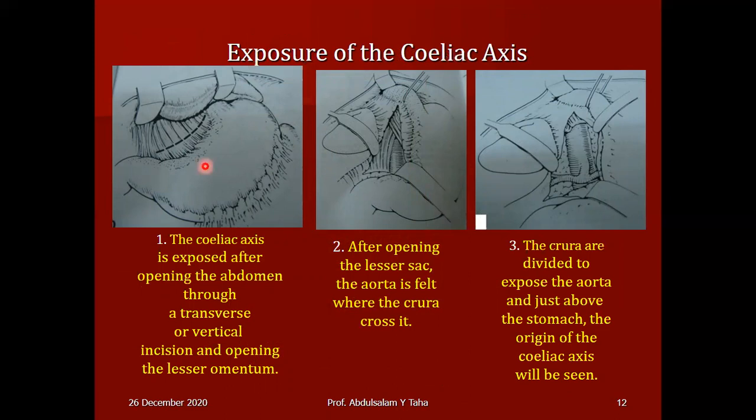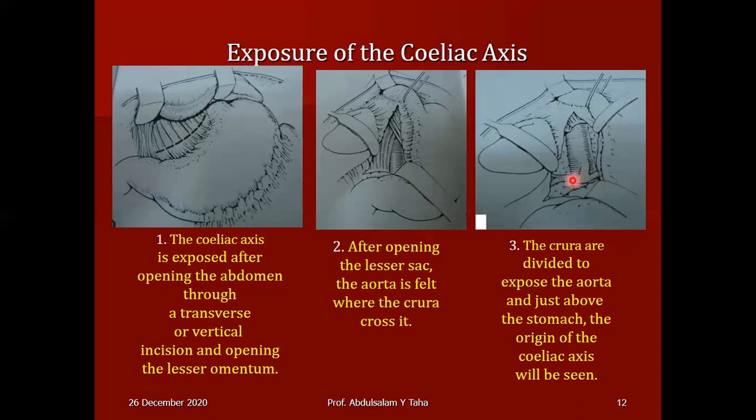Number one, we have to incise the lesser sac, the peritoneal fold between the stomach and the liver. The lesser omentum should be opened. After that, the abdominal aorta can be felt in the depth of the wound. With downward displacement of the stomach, we can see the two crura of the diaphragm, and by dividing these two crura and displacing the stomach inferiorly, we can isolate the celiac axis or the celiac artery.